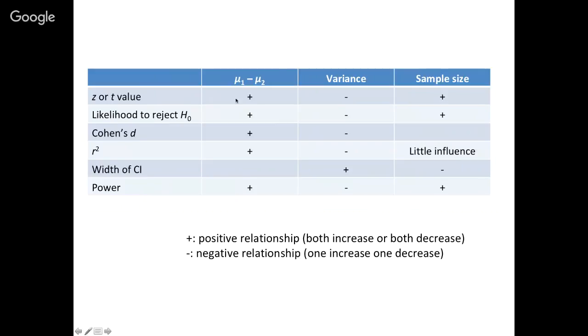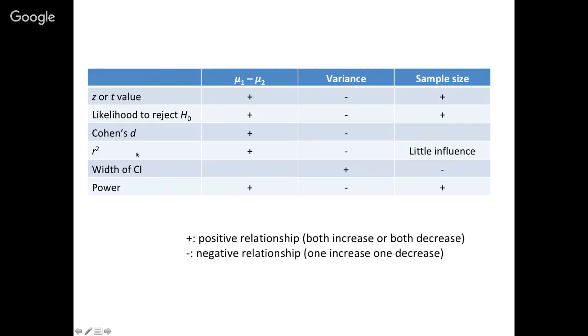Here the plus sign means a positive relationship: if, for example, the difference increases, then we have a greater t or z value, and we also increase our likelihood to reject H0. We also have a bigger Cohen's d and a bigger r-squared. But the difference between the population means will not influence the width of the confidence interval.